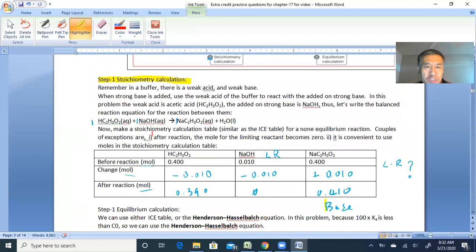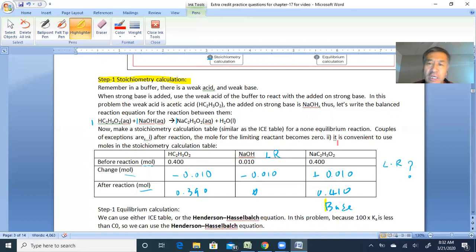Now make a stoichiometry calculation table similar to the IC table, but this table is for a non-equilibrium reaction, which means it goes one way to the right. So the change in the reaction, as we said, is 1. After reaction, the moles of the limiting reactant become 0.